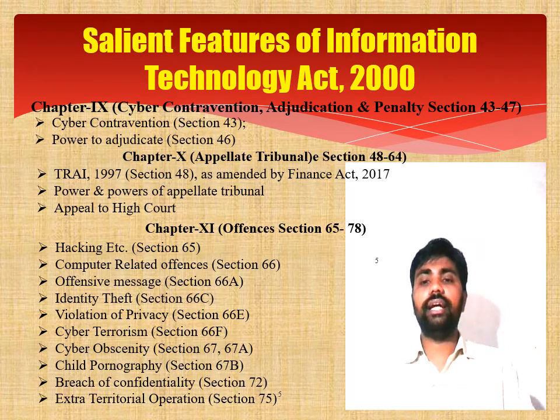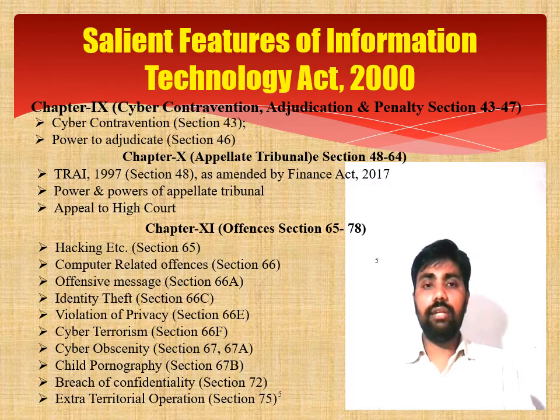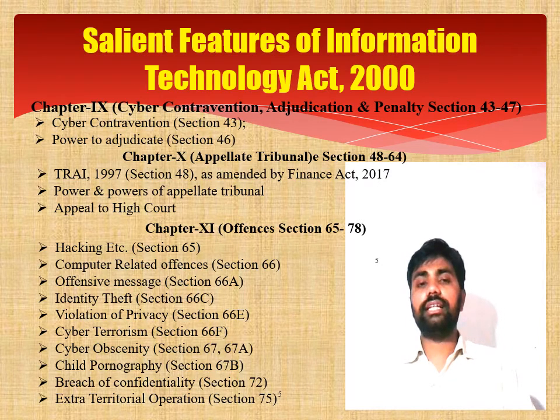For example, someone getting access to your computer is a cyber contravention. If someone gets access with an intention to commit a crime, for example deleting and thereafter transferring that information to others, then that is called a cyber offense, read with section 66.